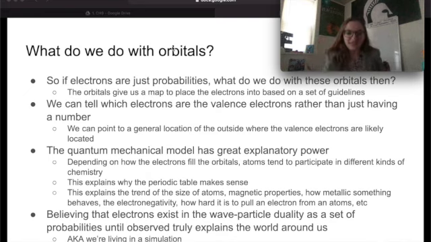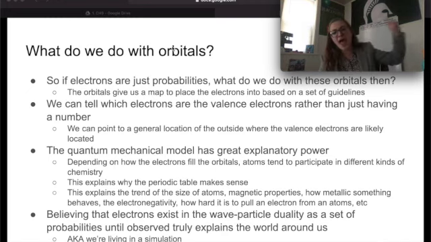So believing that electrons exist in this wave-particle duality, where it's not exactly a wave, it's not exactly a particle, and it's this set of probabilities until it's fully observed, this truly explains the way the world works around us. It does. There are still things that we're editing the model for, don't get me wrong, but it does way stinking better than Bohr's model does.